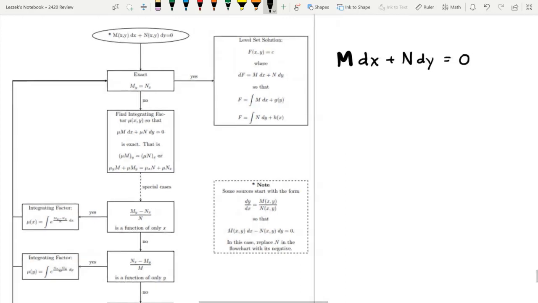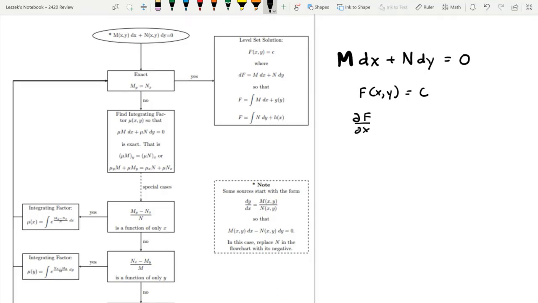All right. And the idea is that if we have some function of x and y equal to a constant, and you compute the total differential, you would do it by finding the partial of f with respect to x dx, and then partial of f with respect to y dy.